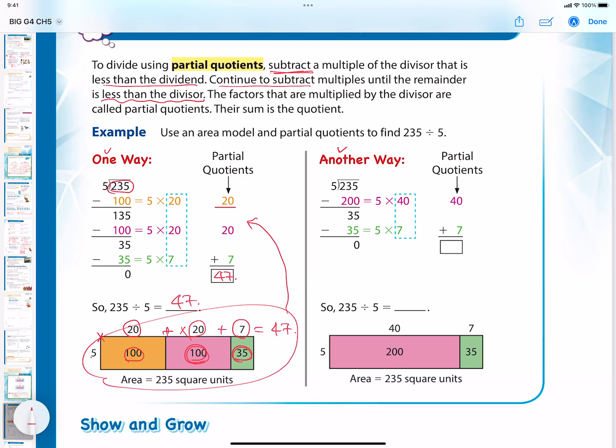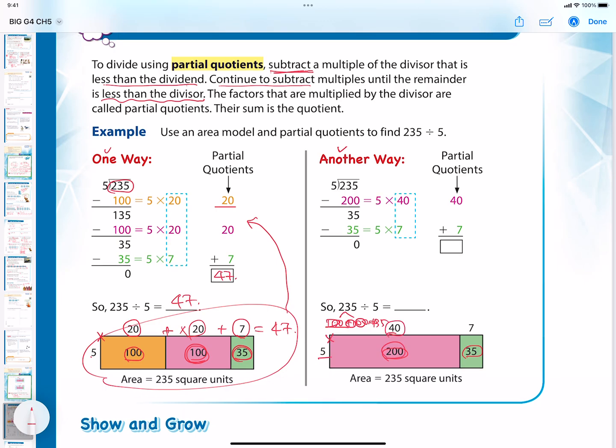Okay, now another way, let's take a look. Instead of dividing this 235 into 100 plus 100 plus 35, they use 200 together plus 35. You see, 200 plus 35. Now we know 5 times 40 is going to make 200 because 5 times 4 is 20 and you need to add one more zero.